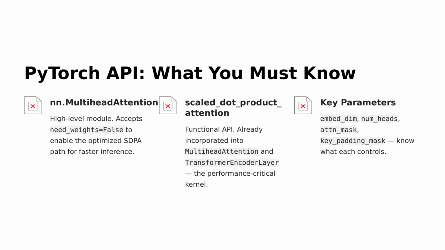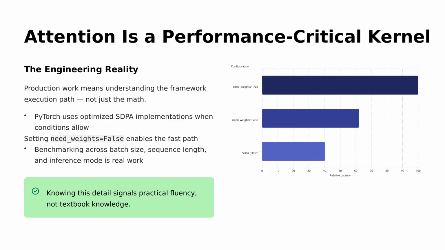Scaled dot-product attention is the core functional kernel and is already used inside multi-head attention and TransformerEncoderLayer. Also, be clear on the key parameters: embed_dim, num_heads, attn_mask, and key_padding_mask, since each one changes how attention behaves.